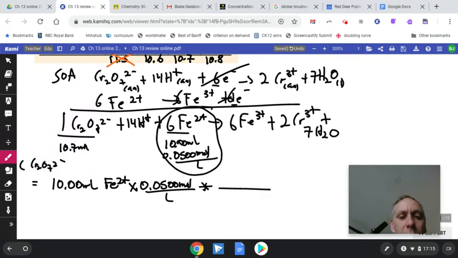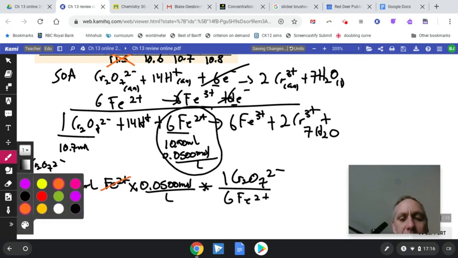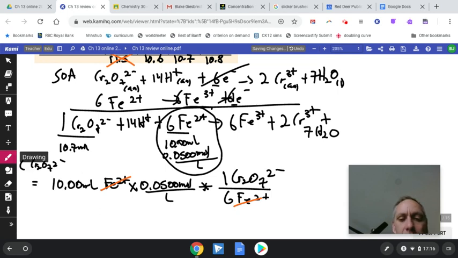So the one we're looking for goes on top. 1 Cr2O7 2- reacts with 6 Fe2+. And now I can cancel out those Fe2+. Okay, and now I can cancel out the liters off of there and leave the milli. So I've got millimoles of dichromate, and we want moles per liter. So my last thing to do is divide by the volume of dichromate.